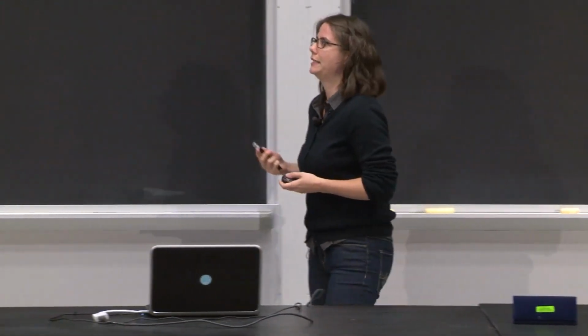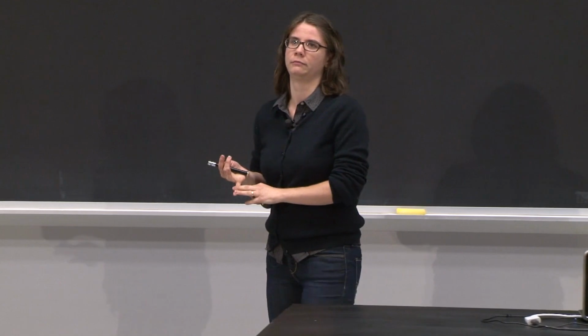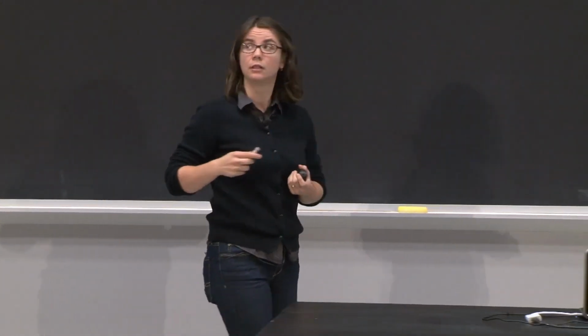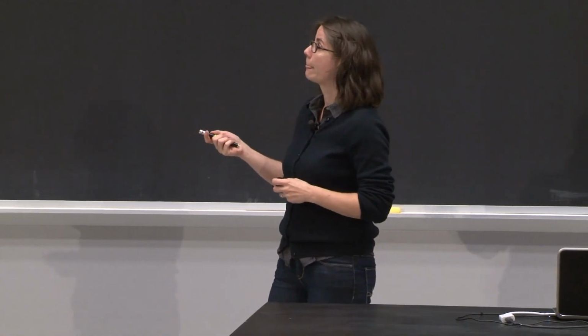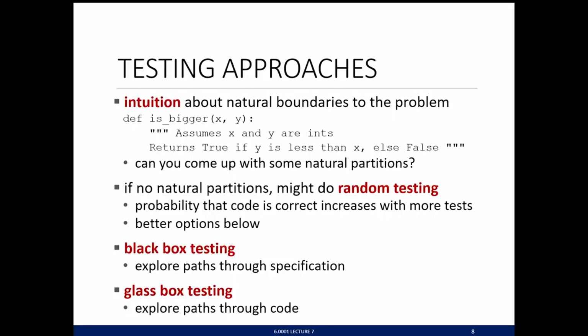Okay, so what are some testing approaches? The first, and this is probably most common with programs that involve numbers, is figuring out some natural boundaries for the program. So for example, if I have a function is_bigger, and it compares if x is bigger than y, then some natural boundary given the specification is if x is less than y, x is greater than y, x is equal to y, maybe throw in less than or equal to, or greater or equal to, and so on.